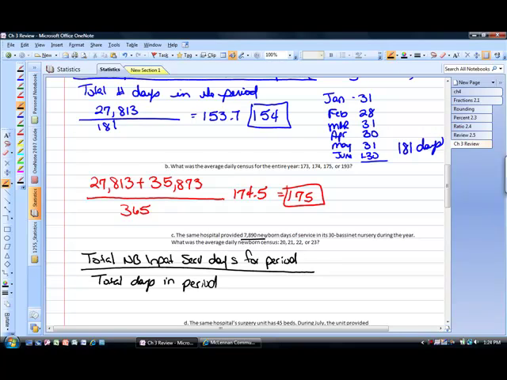So we will plug in the numbers, 7,890, and this is asking us about the entire year. So there are 365 days in a year, and we will get 21.6 or 22.